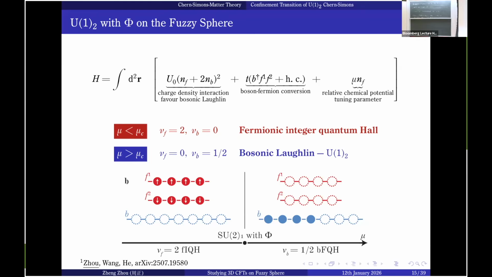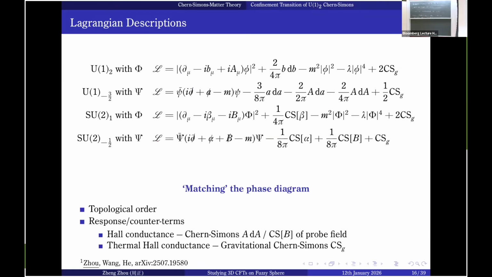And we also include a relative chemical potential, which we use as the tuning parameter. So when mu is large and negative, fermions are favored, so we can realize the fermionic integer quantum Hall state. When mu is large and positive, we realize the bosonic Laughlin state. So this transition, we confirm it can be described by a Lagrangian.